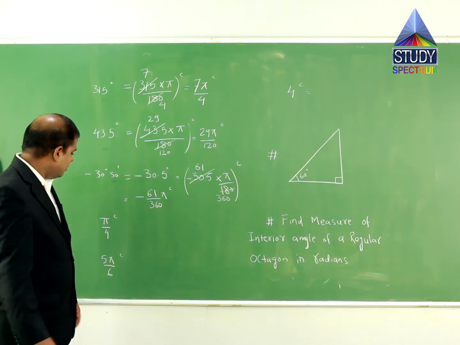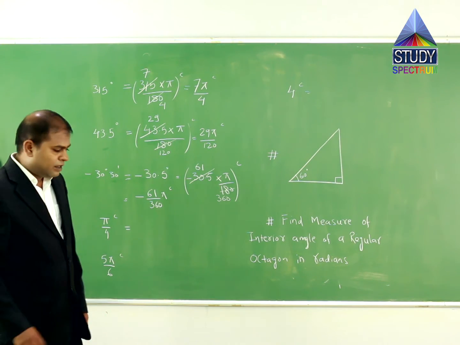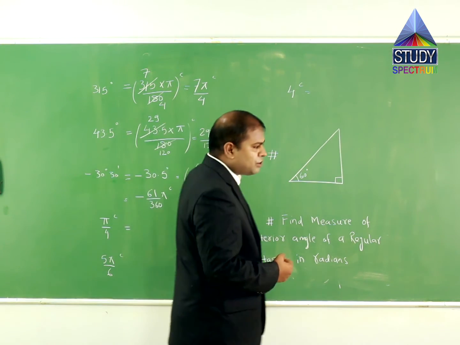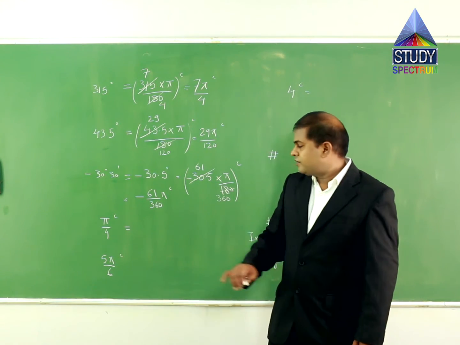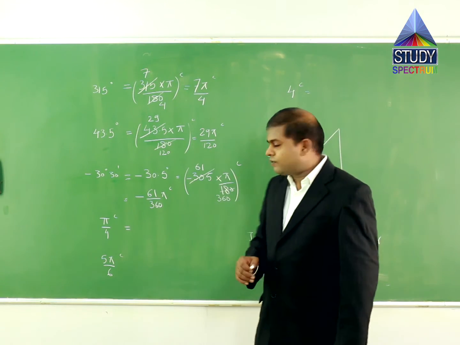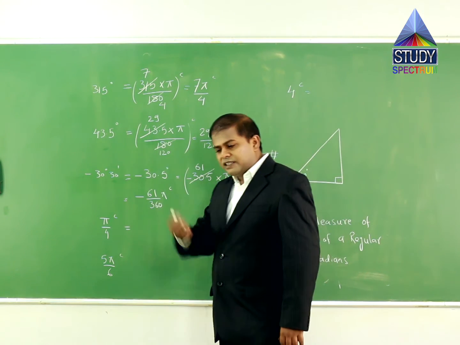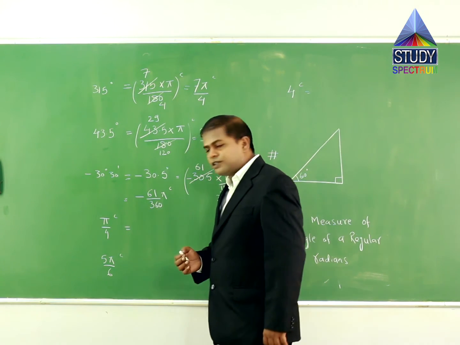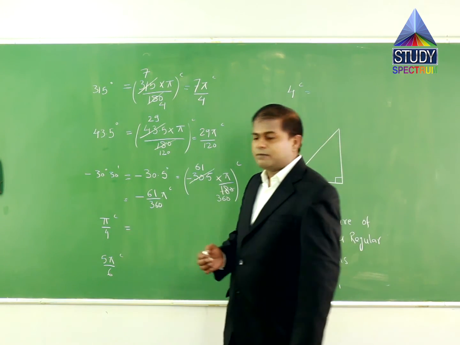Okay. Now let's see. Here we have a radian measure. There is an angle, radian measure of which is pi by 4 radians. Now question is how to find its degree measure, how to convert this radian measure to degree measure. We have seen earlier, to convert radian measure to degree measure, we have to multiply it with 180 by pi.